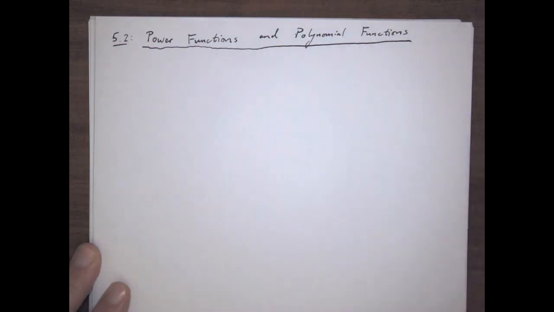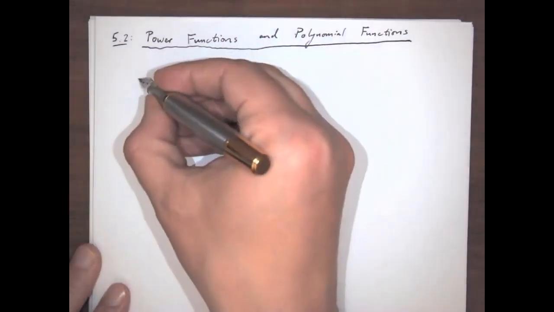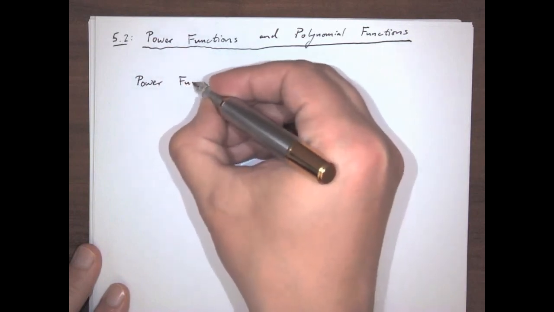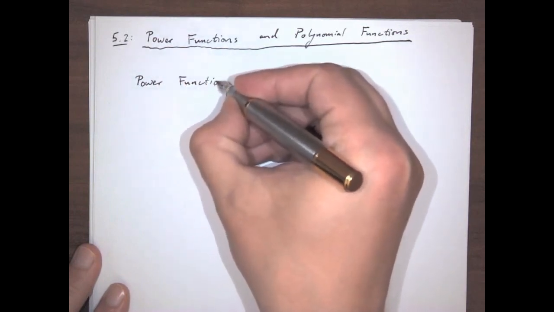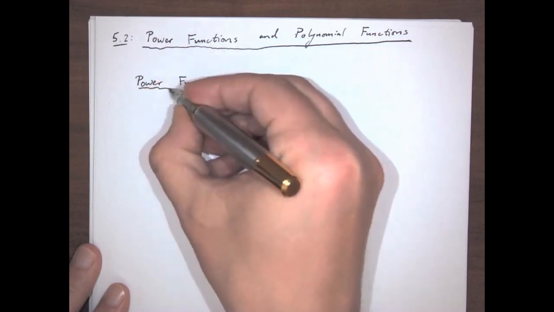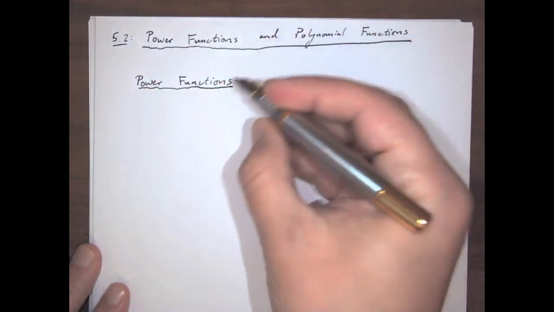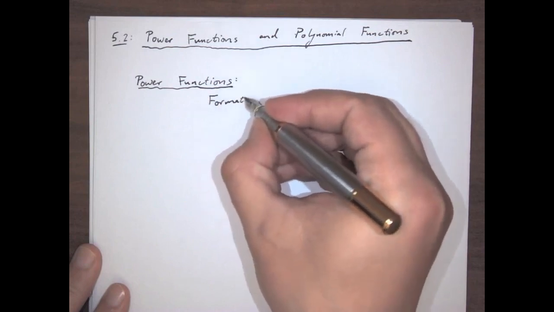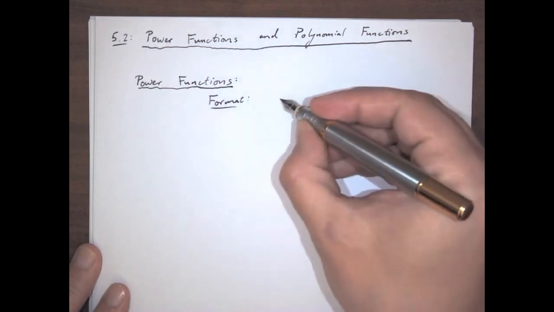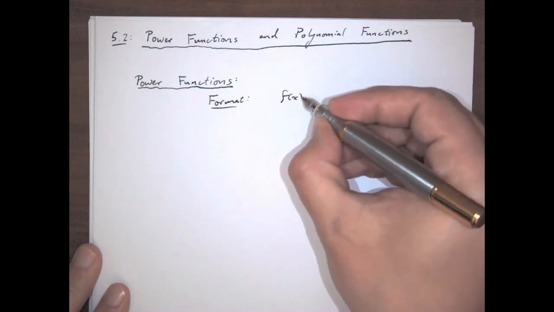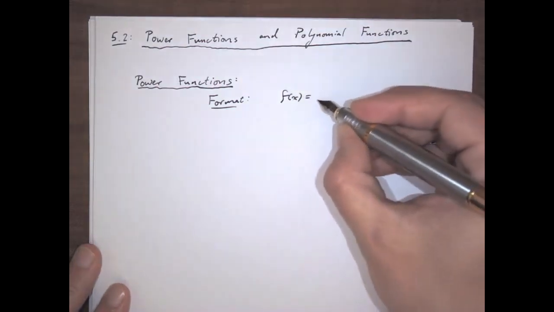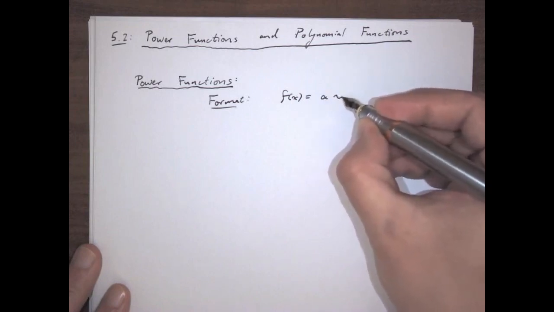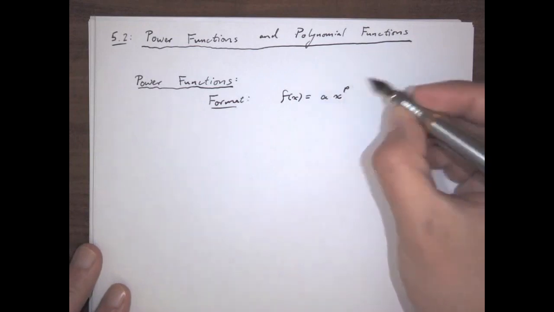So starting first with power functions, let's just say what they even are. Their format is this. You have f of x equals, and then what you can have here is a coefficient in front and an x to some power.